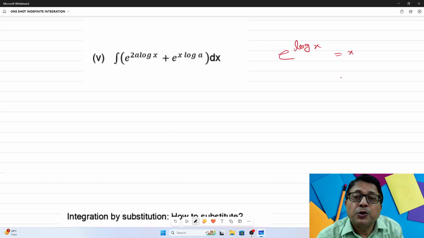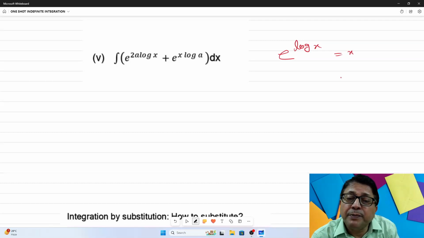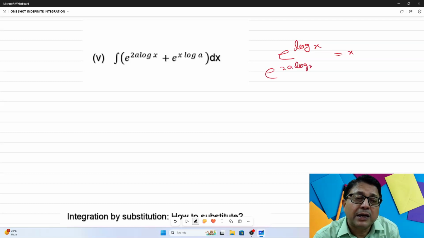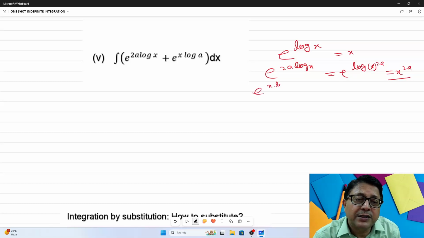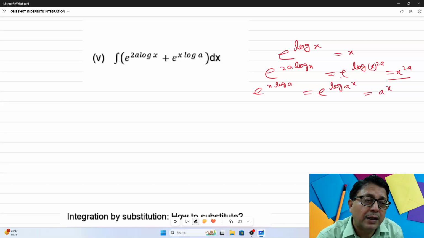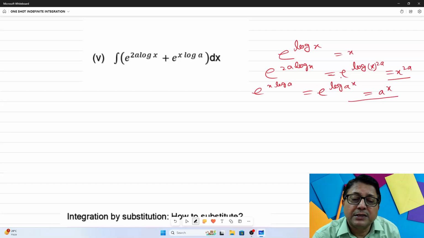So here in your problem, there is e to the power 2a log x. This is e to the power log of x to the power 2a, the value is x to the power 2a. e to the power x log a is e to the power log of a to the power x, no base means base e is there, it will be a to the power x.